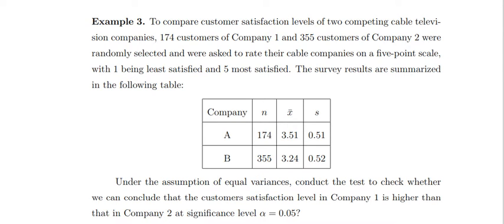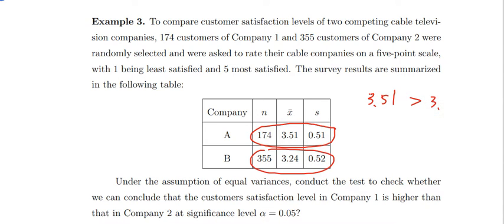For sample one we have this information: sample size, sample mean, sample standard deviation, x bar and s. And for another sample, we have this. Then we have some evidence from x bar, from the average: 3.51 is larger than 3.24.